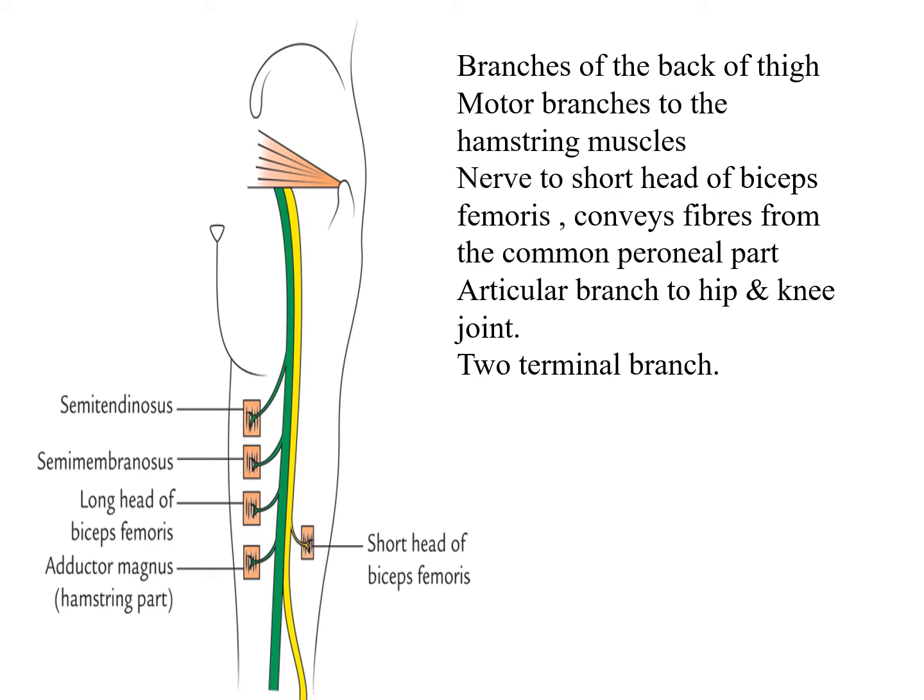You see the tibial part supplies semitendinosus, semimembranosus, the long head of biceps femoris and adductor magnus, the hamstring part, and the short head of biceps femoris is supplied by the common peroneal part of the sciatic nerve. So these are the common criteria of the hamstring compartment.